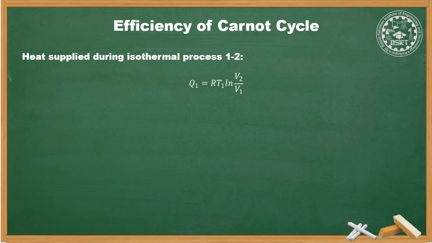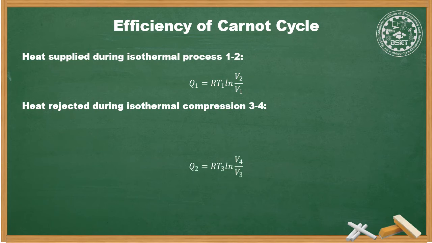Next, heat rejected during isothermal compression 3-4 is given by Q2, and it is given by the same formula, only the temperature changes, that is RT3 log V4 upon V3, as shown in the video.